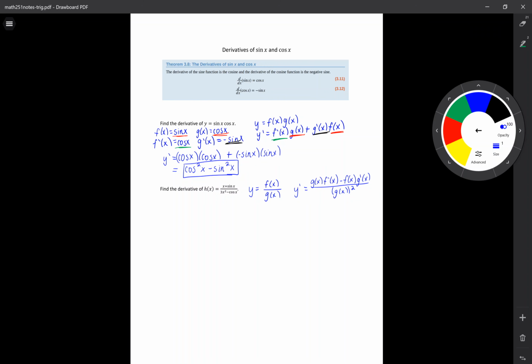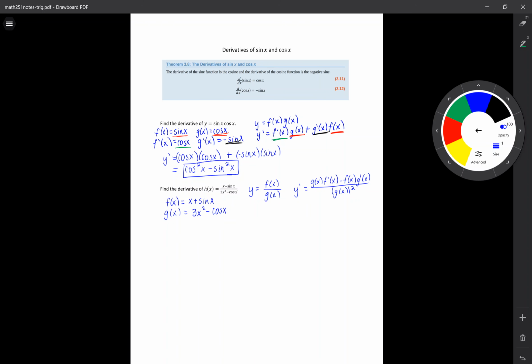So we're going to have to label our functions again here. Our f of x, which is the numerator in our quotient, is equal to x plus sine of x. And our denominator, g of x, is 3x squared minus cosine x.